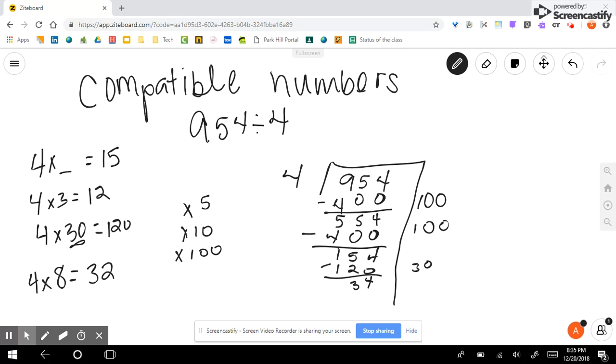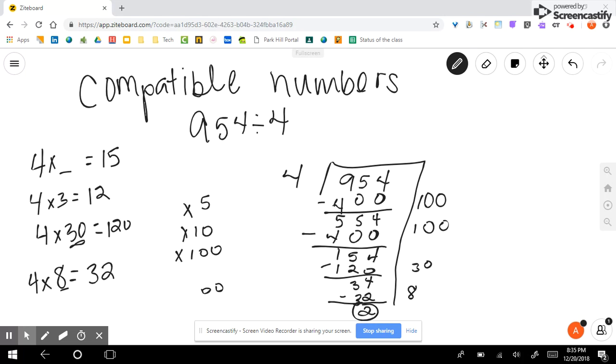You will still get the same answer in the end. So I'm going to subtract 32, and I need to put 8 over here because now 8 is part of my quotient. Now I have 2. I can't make any more groups of 4 when I just have 2. If I just have 2 ones, I cannot make a group of 4. So I know that's my remainder.